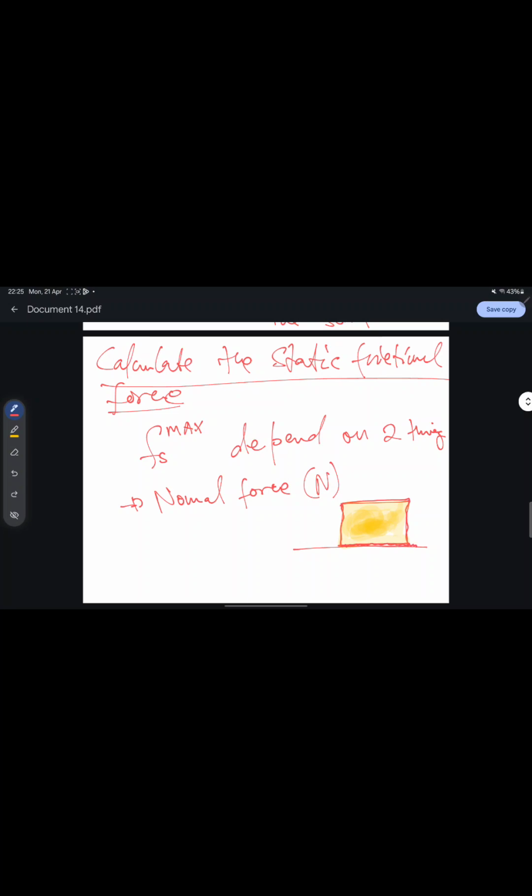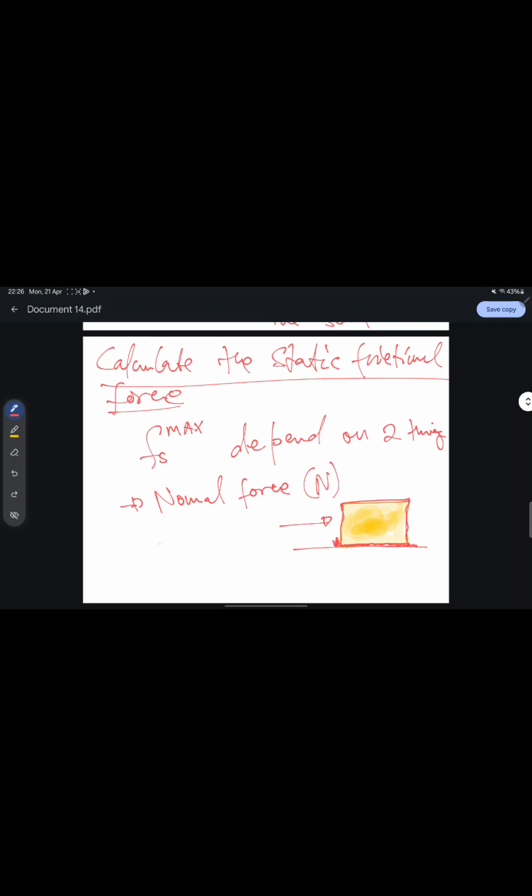Therefore, the surface and the object will press against each other harder. If the object presses the surface harder, I will need more force to move this object.